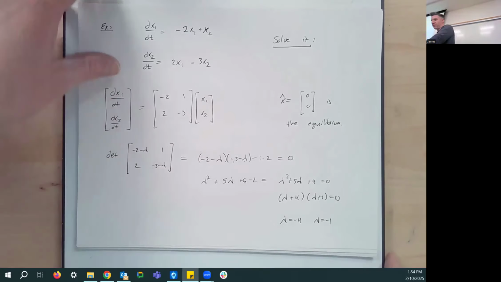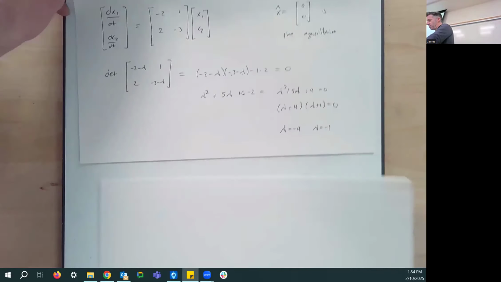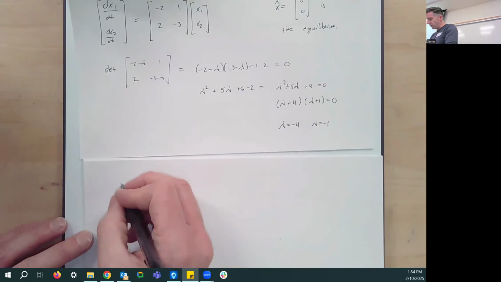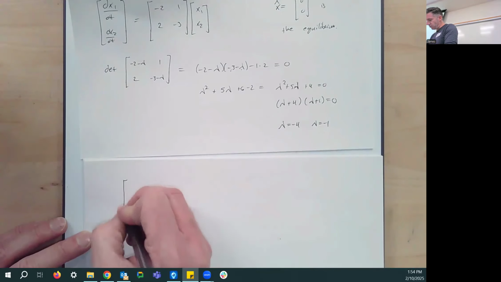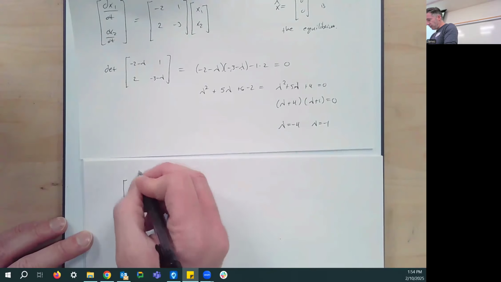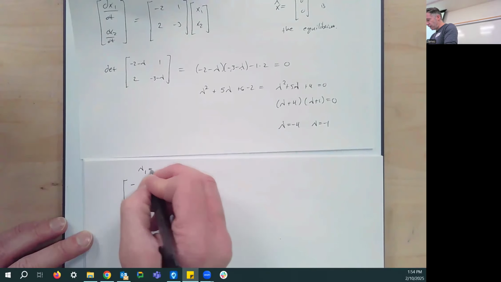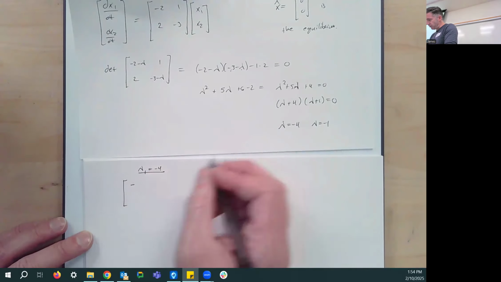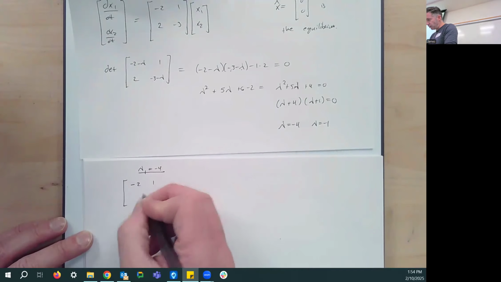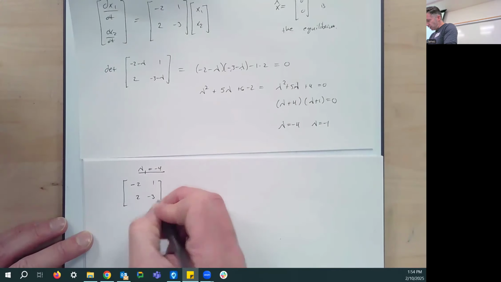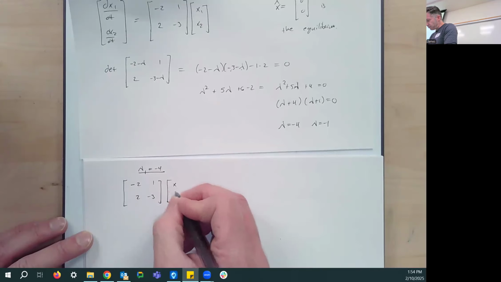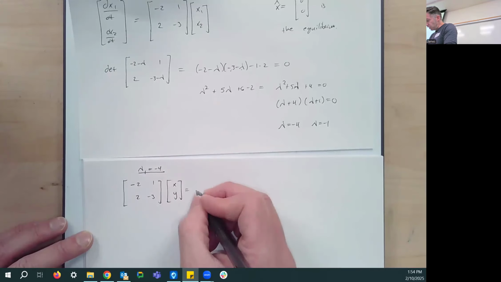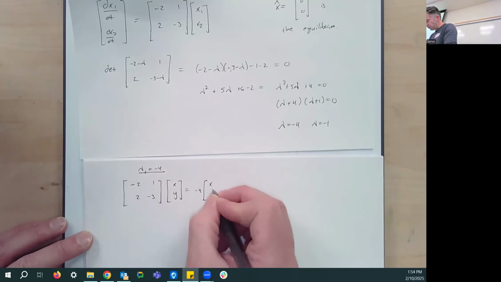Okay, let's find the eigenvectors. Yeah, we have enough time. Probably, maybe, sure. So eigenvector 1. We'll do both, one of each of these ways. So for lambda 1 equal to -4, we have our matrix -2, 1, 2, -3 times the vector we're looking for equal to -4 times the vector we're looking for.